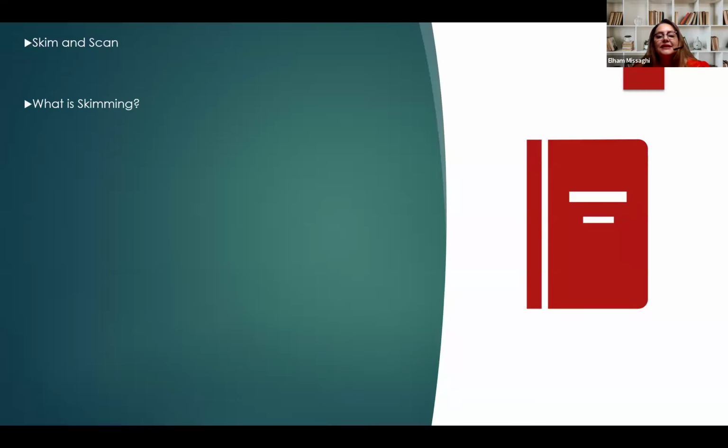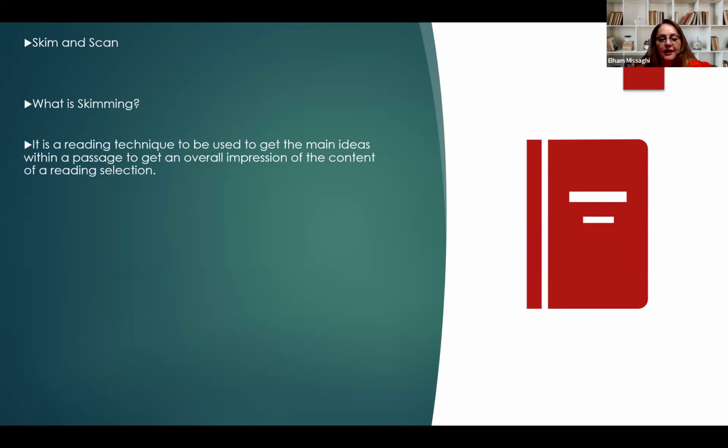So when I said first, give them, after, to pre-teach the vocabulary. So we put them in the context, we pre-teach the keywords. And I said, give them time to go through the text once. We call it skimming. So skimming is a reading technique to get the gist of the reading. They go through it to get the main idea.